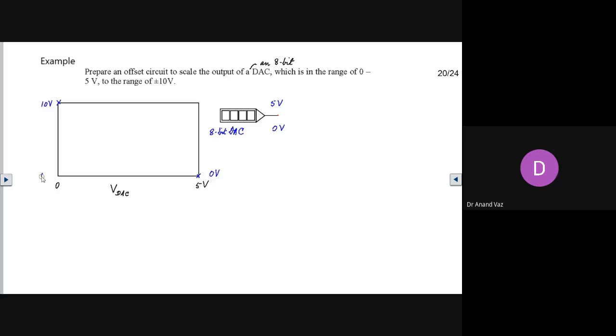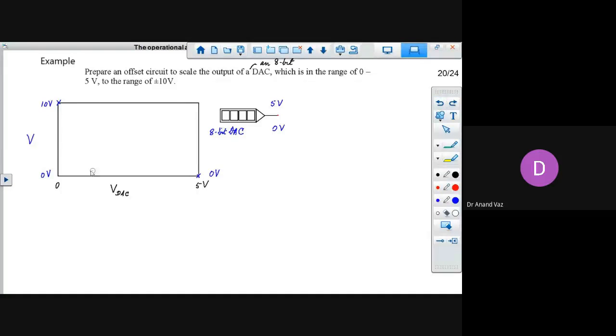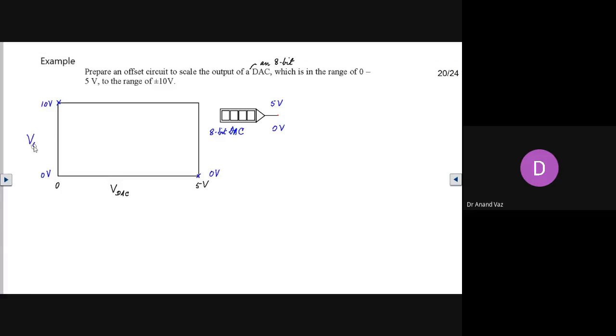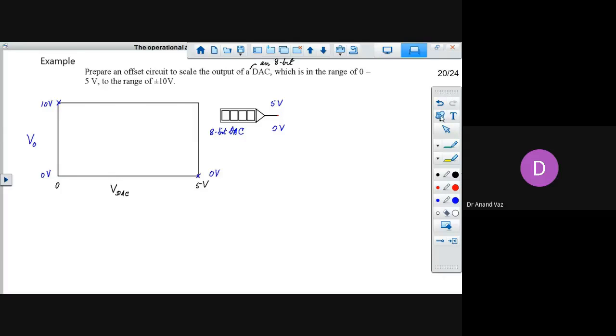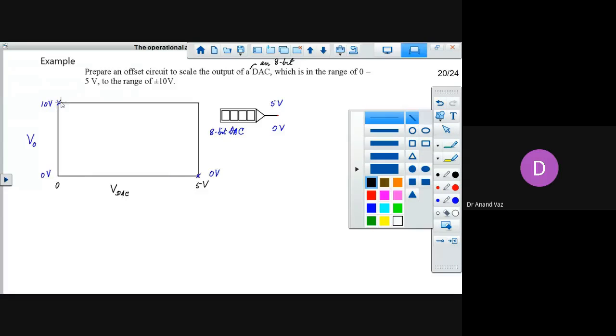So here you are having 0 volt. So this is the output of the offset circuit. Instead of writing it as V off, let us write this as V naught. Just keep this as V naught. And offset we will use for another voltage that will come, because we have to add a voltage to this. So let us map this.